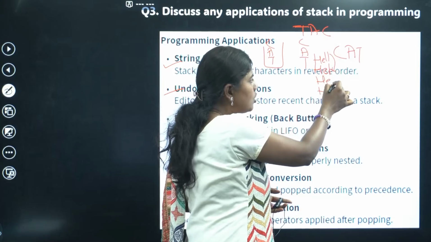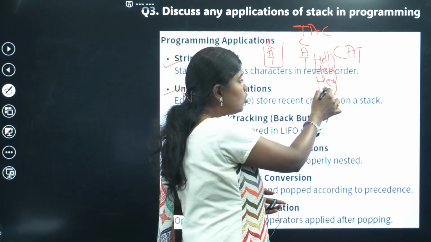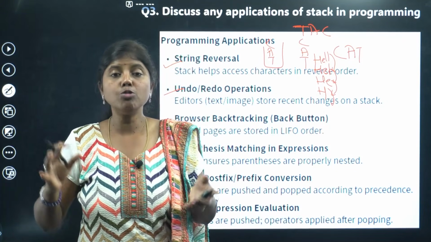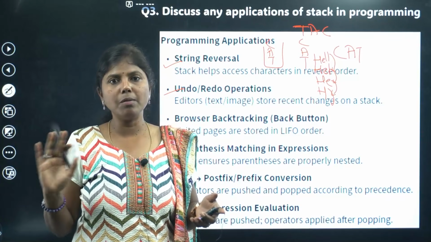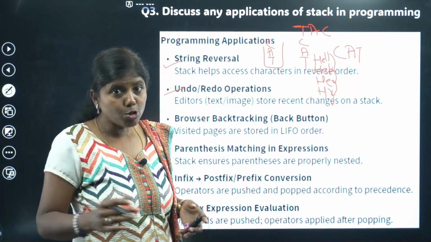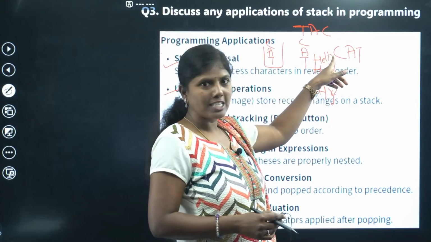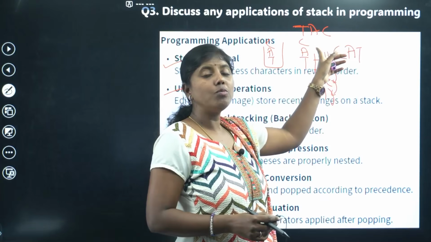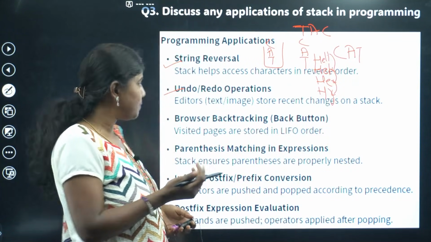If I do undo again, nothing will come. The number of undos is going to be fixed, it's not that n number of undos will be there. If you want to redo, it will go to the next state. Undo means this, redo means this. So this is one of the applications of stack.